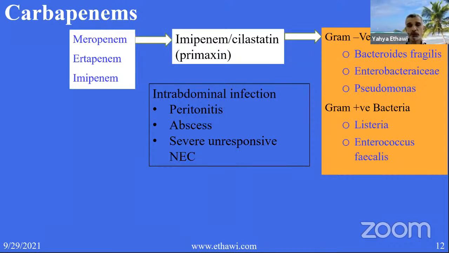The most important point here is resistance, so you do not need to use meropenem. I rarely ever use it, maybe once a year. They're very good for intra-abdominal infections, such as peritonitis, abscess, and severe unresponsive necrotizing enterocolitis.